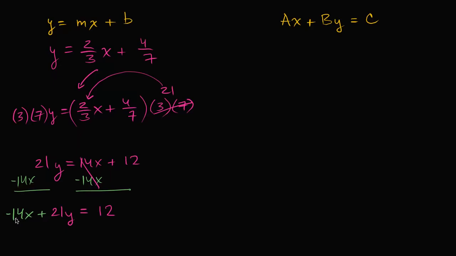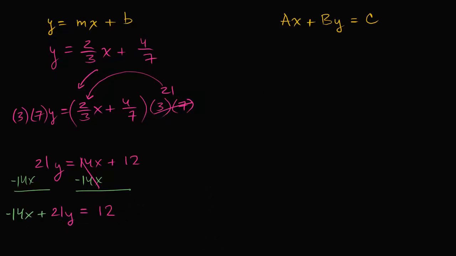And 21 and 12 are divisible by 3, but 14 isn't. So I think this is about as simplified as I could get. If there was a common factor for all three of these numbers, then I would divide all of them the way I did in that previous example. But that's not the case here. So it's negative 14x plus 21y is equal to 12.